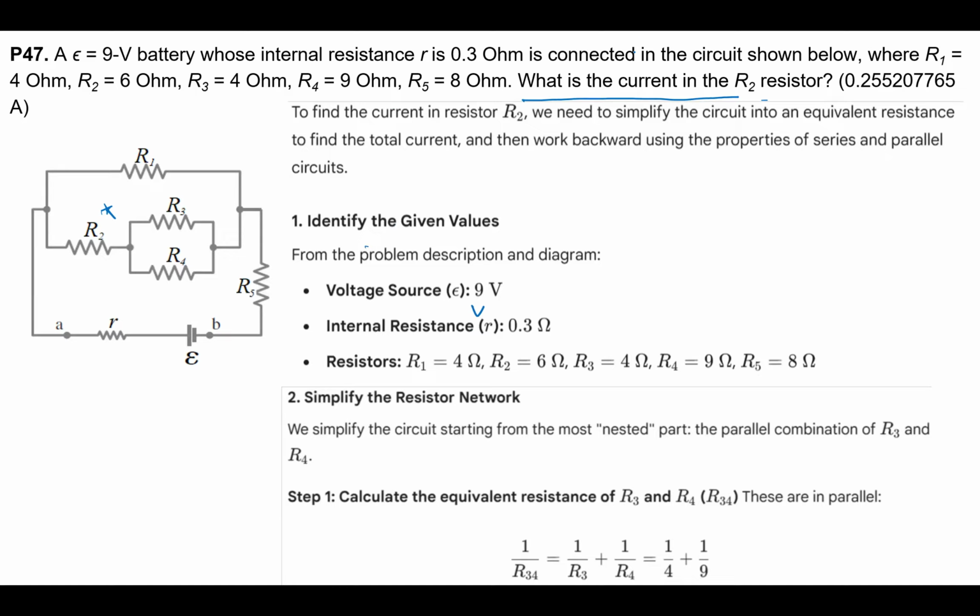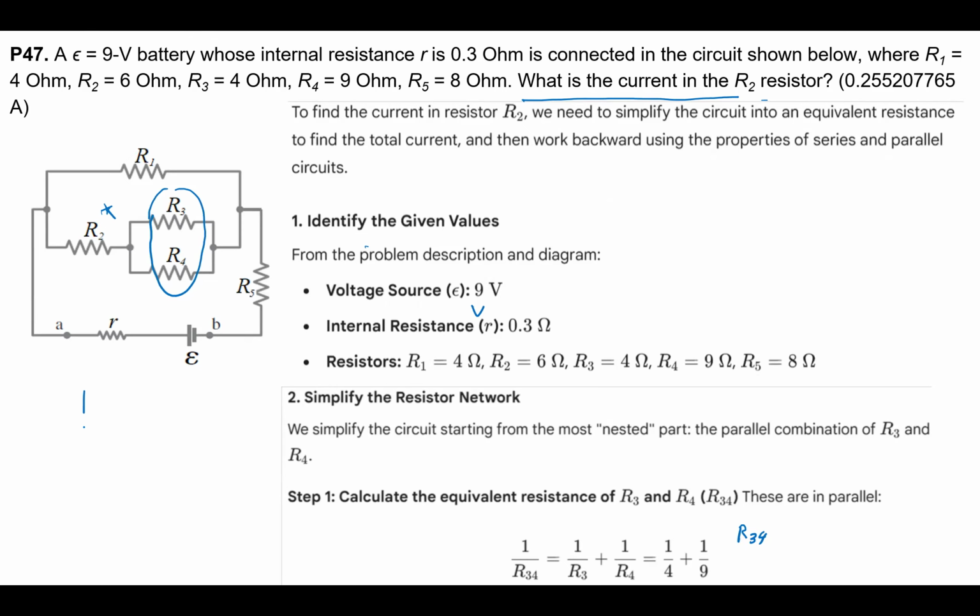And we simplify the circuit starting from the most nested part, the parallel combination of R3 and R4. So this one we change to R34. And R34, if you look at it, is the parallel combination, so that we get R34.